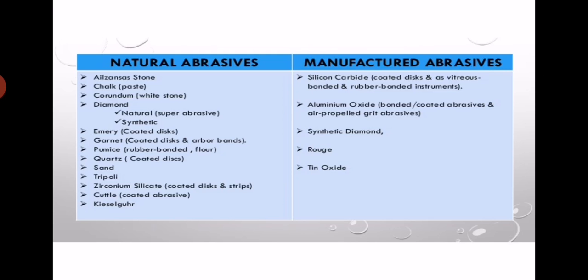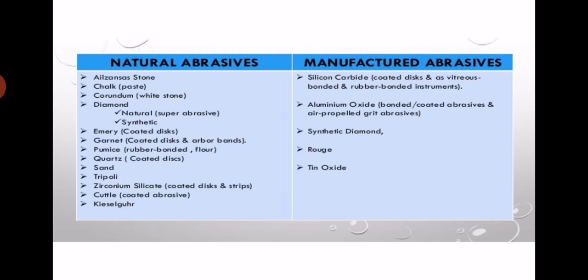In natural abrasives: arkansas stone, chalk, corundum, diamond, emery, garnet, pumice, quartz, sand, tripoli, zirconium silicate, cuttle, kieselguhr.